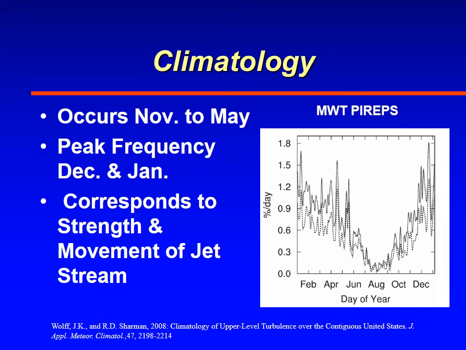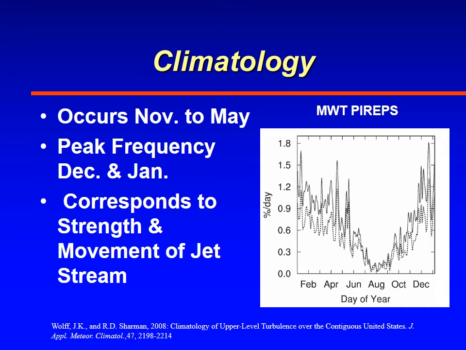October is pretty low, but it starts coming back again, maybe after October into November. So, most mountain wave turbulence pilot reports happen between November and May. And the peak is during December and January. That's when you see mountain wave.